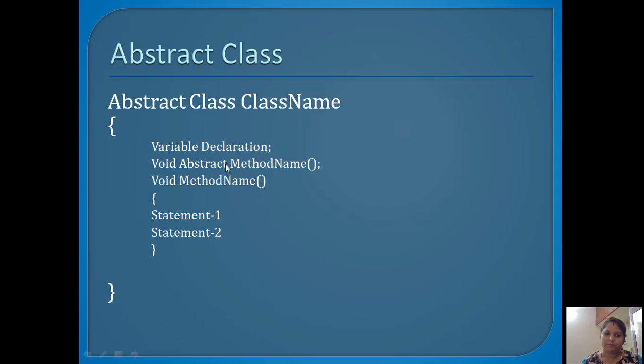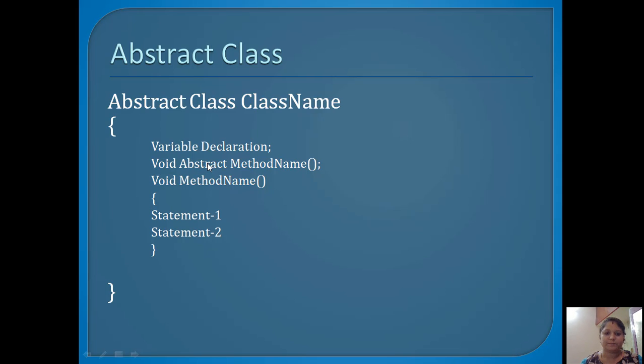Abstract methods are nothing but methods without a definition. Here, void is the return type, abstract is the keyword to mention this is an abstract method, and then the method name. There is no definition for the method. These methods are called abstract methods.